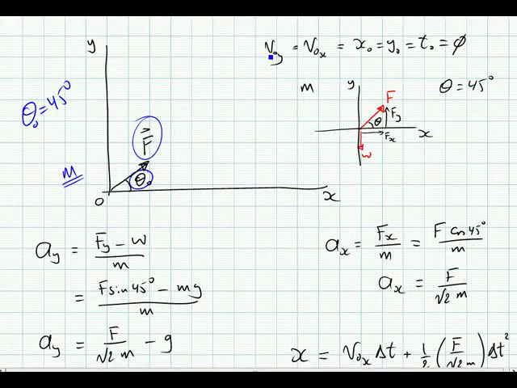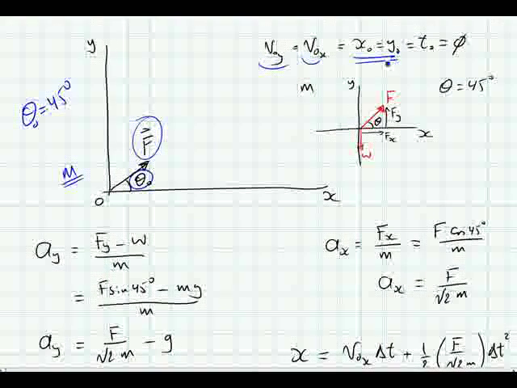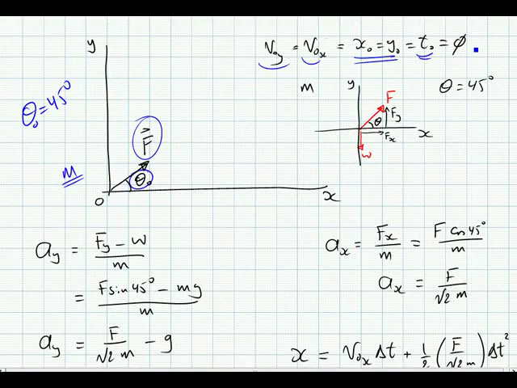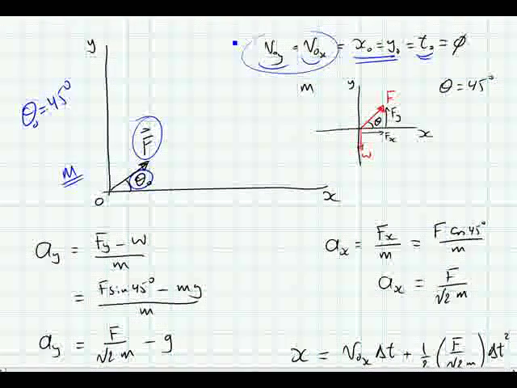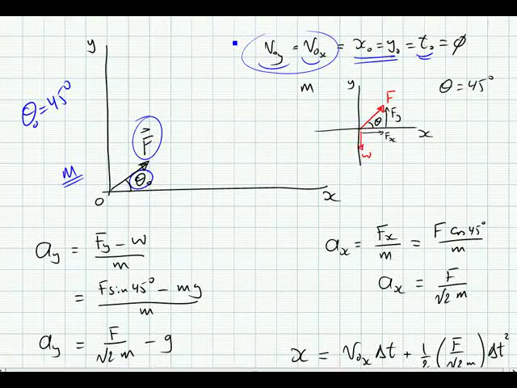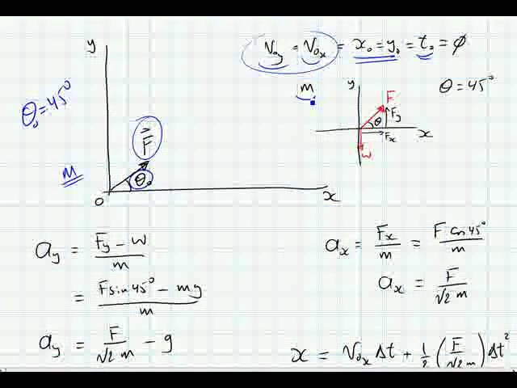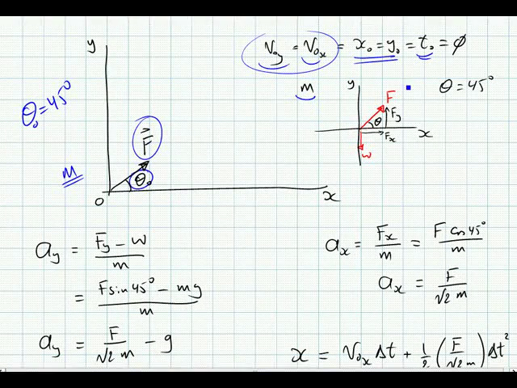The object is at the origin at t equals 0 seconds, and the initial velocity of the object is 0, so the object starts at rest at the origin of the coordinate system at t equals 0 seconds.